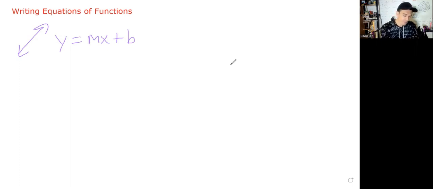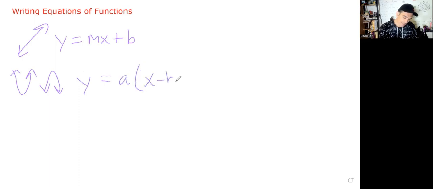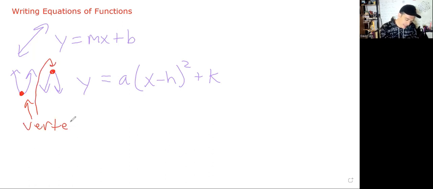Now, what if you have a quadratic? Like, what if you have a parabola that can either open up or down? Well, the equation for that one would be y equals a(x minus h) squared plus k. And in a different color, I will emphasize this point here in red, because this point in red, if you remember, is called the vertex.